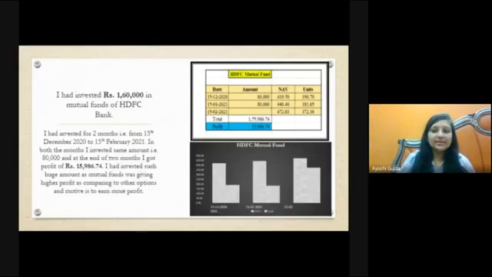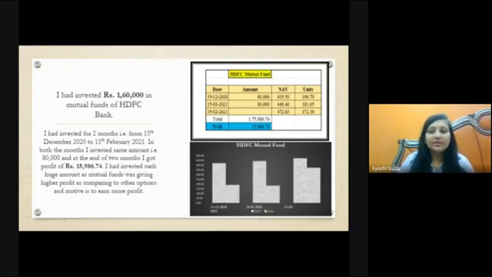Now, as I was given 2 lakh rupees, I have invested 1,60,000 in the mutual fund, and I have bought shares of HDFC Bank. For the mutual fund I have invested through a SIP, which stands for Systematic Investment Plan, for a time period of 2 months from 15th December 2020 to 15th February 2021.